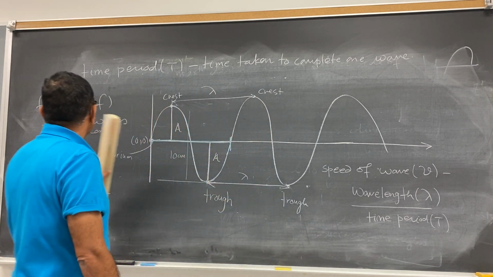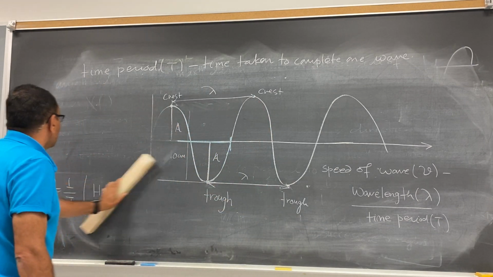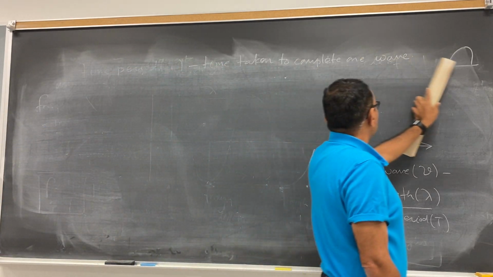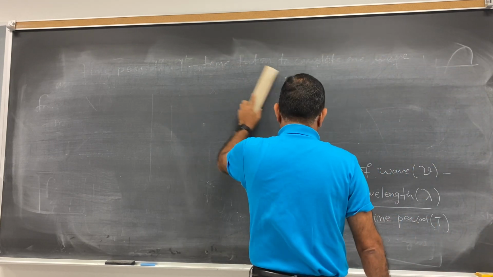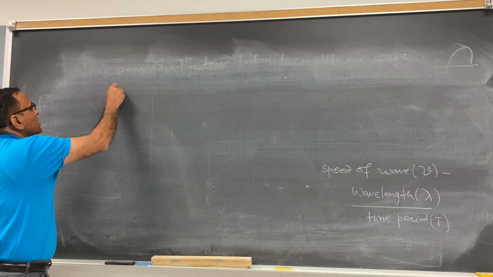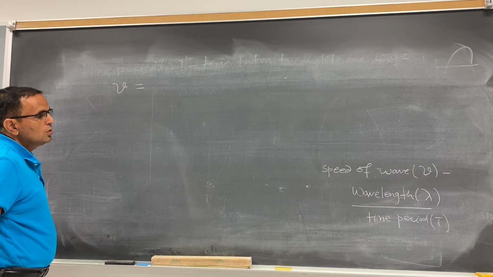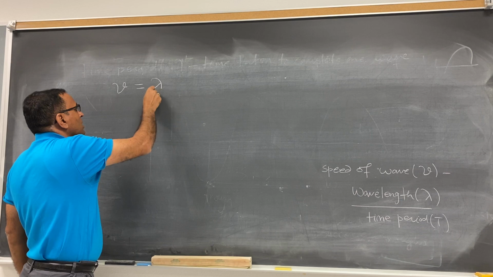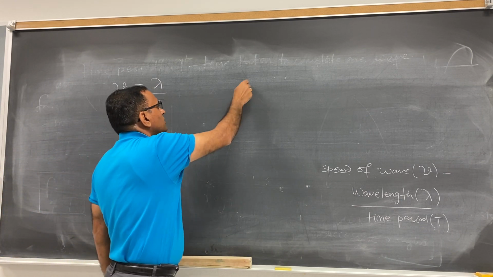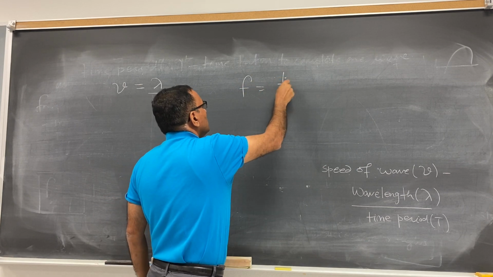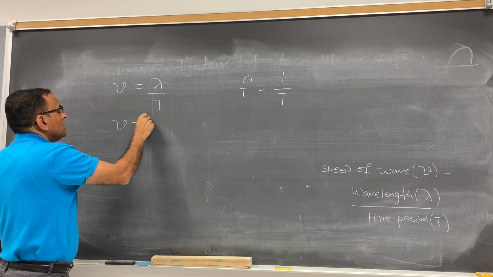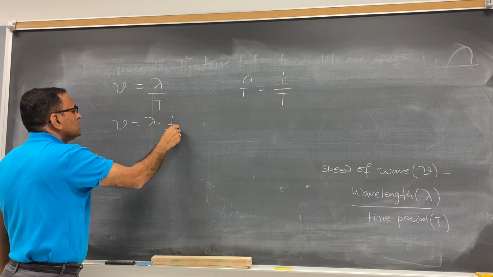Let me erase everything else here. I have to talk a little bit more about the speed of wave, because from here you can get numerical problems also. Now look at this. Speed of the wave v is equal to wavelength lambda divided by time period T. But you know that the frequency is 1 over time period. So you can write v equal to lambda times 1 over T. It is the same thing.